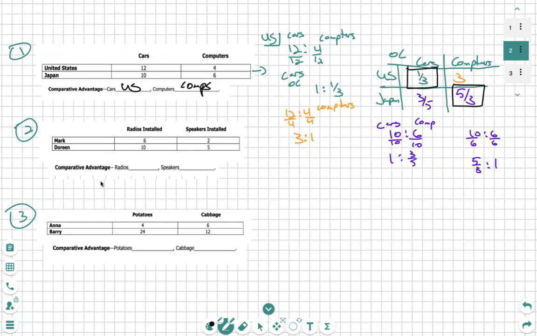Next, let's do the next one. So first we see that we have our first ratio of radios installed and speakers for Mark. We're going to go for radios, speakers. Radios first, divide both by 6. We see opportunity cost for radios is 1/3. Let's go ahead and make that chart.